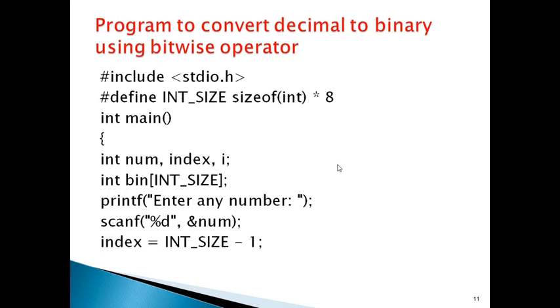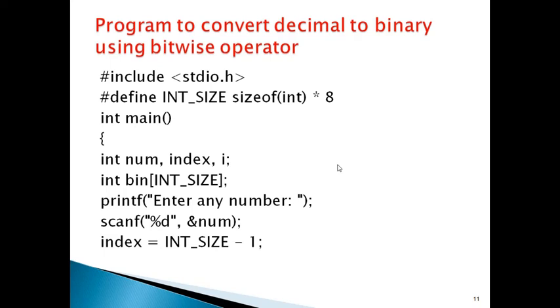In the int main function, int num and index i, three integer variables are declared. int bin[INT_SIZE]. Here one binary array, bin means binary array, is declared. An array is used to store similar type of elements with a common name.